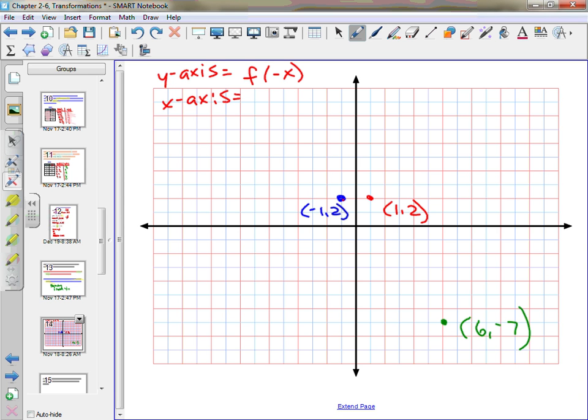If I fold it over the x-axis, it goes to (-1, -2), which puts me right there. So what changed this time? I was distributing a negative into it, which means my y value is the only one that changes. Does that make sense? Was my y value the only one that changed? Absolutely.